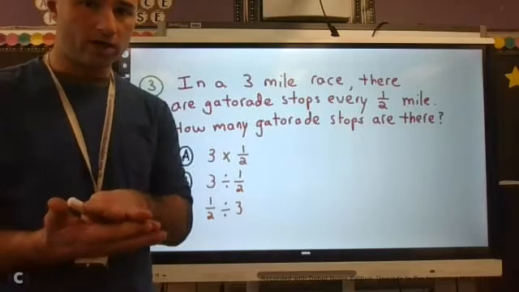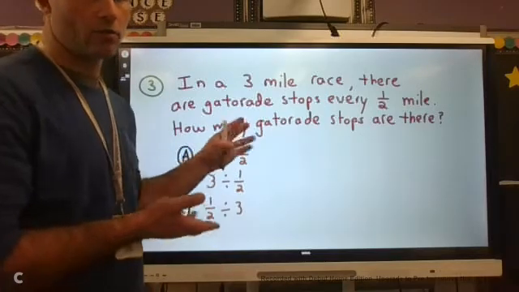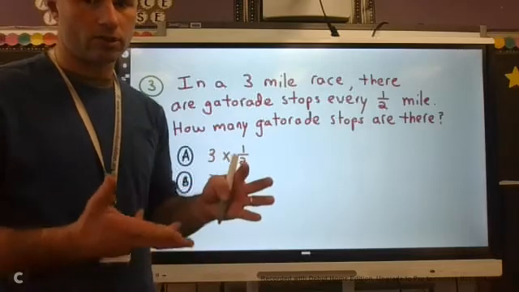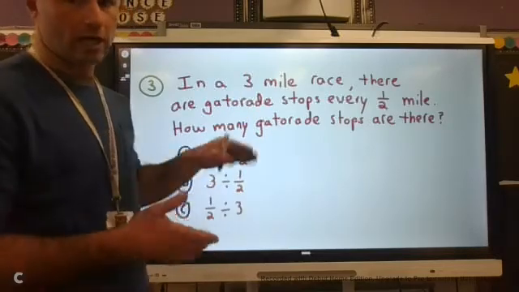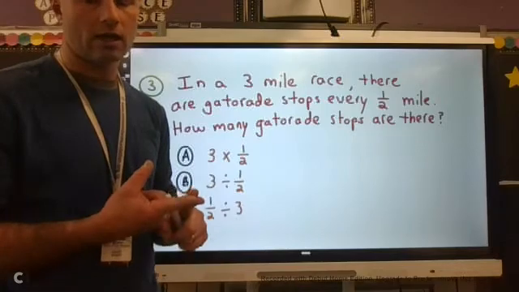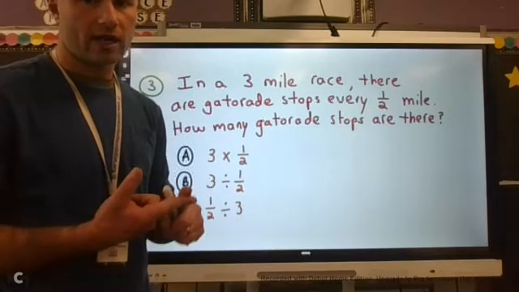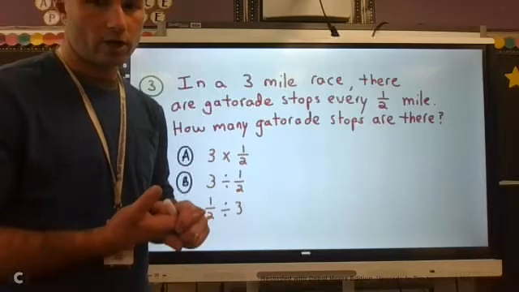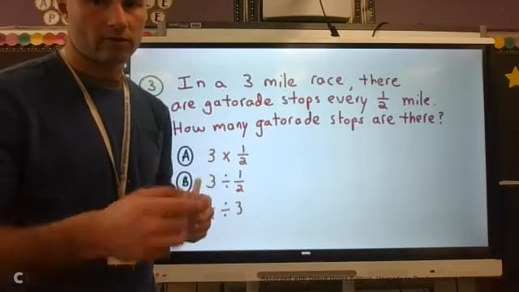Then I'll have you unpause it, and I'll explain what you actually are doing. My best recommendation is to draw the picture of what's happening in the story to help you figure out whether you're multiplying or dividing, and if you're dividing, what you are dividing by. Then unpause the video to see if you're correct.